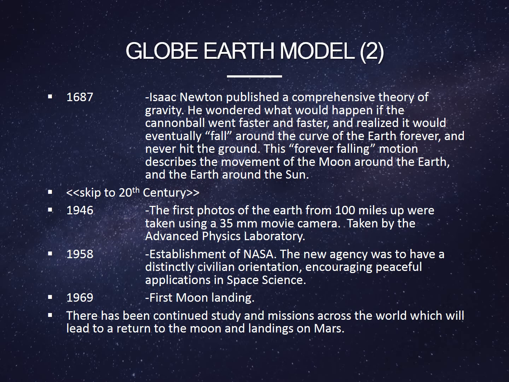The new agency was to have a distinctly civilian orientation, encouraging peaceful applications in space science. 1969, we all know, was the first moon landing, and there were others after that. There's been continued study and missions across the world which will lead to a return to the moon and landings on Mars, which we're all excited about.